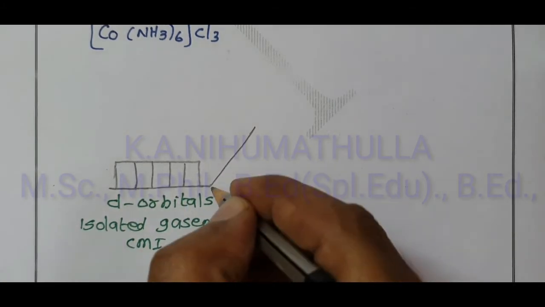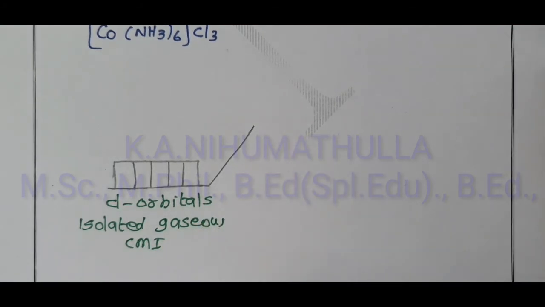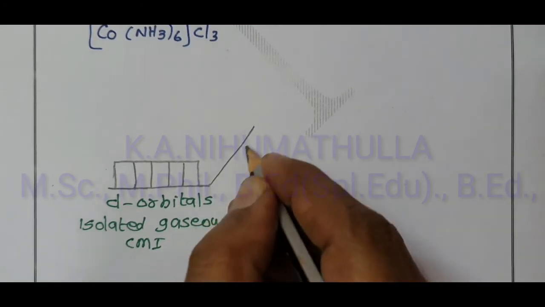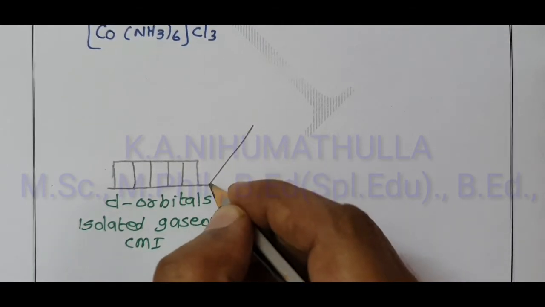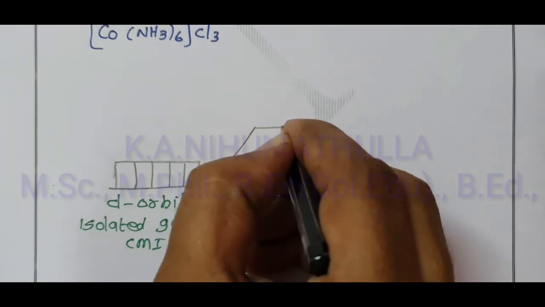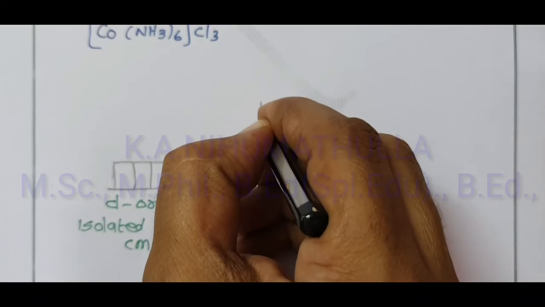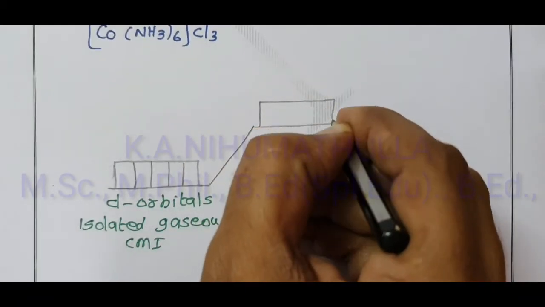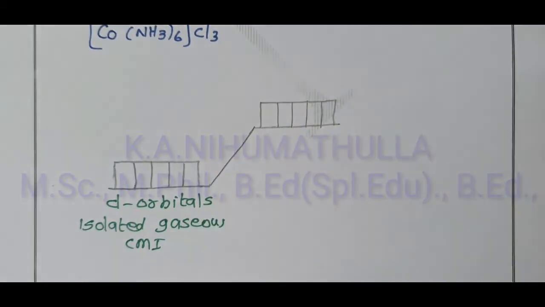Due to the repulsive force, the energy of the degenerate orbitals increases. Still, all the d orbitals are degenerate, having the same energy: dxy, dyz, dzx, dx squared minus y squared, dz squared.